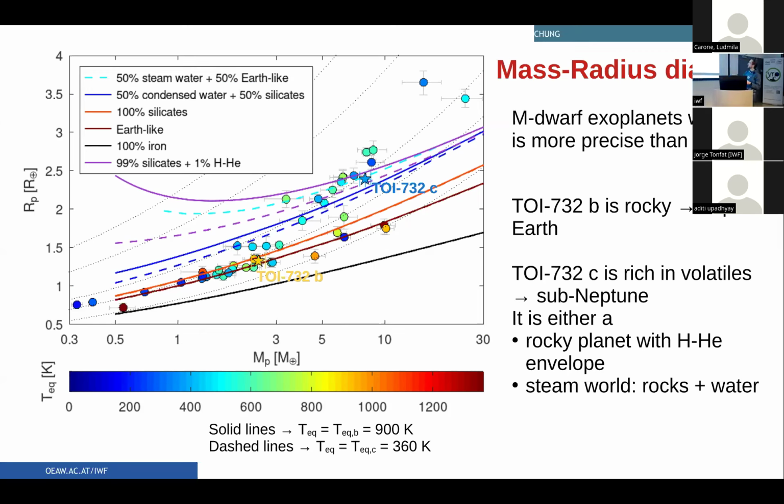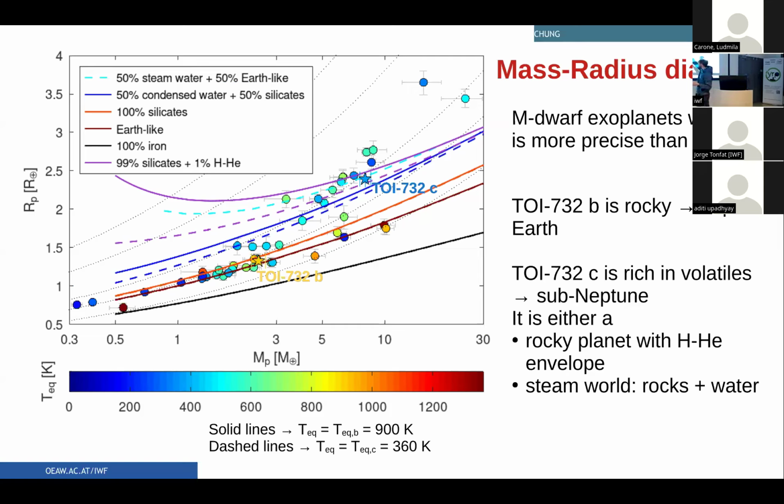And to guide the eye, I superimposed on this plot some theoretical models that tell something about the composition of the exoplanet. In the upper part, you can see the blue, light blue, and purple lines that essentially are planets that are half rocky and half made of steam water or condensed water, or probably silicates surrounded by a layer of volatiles like hydrogen and helium.